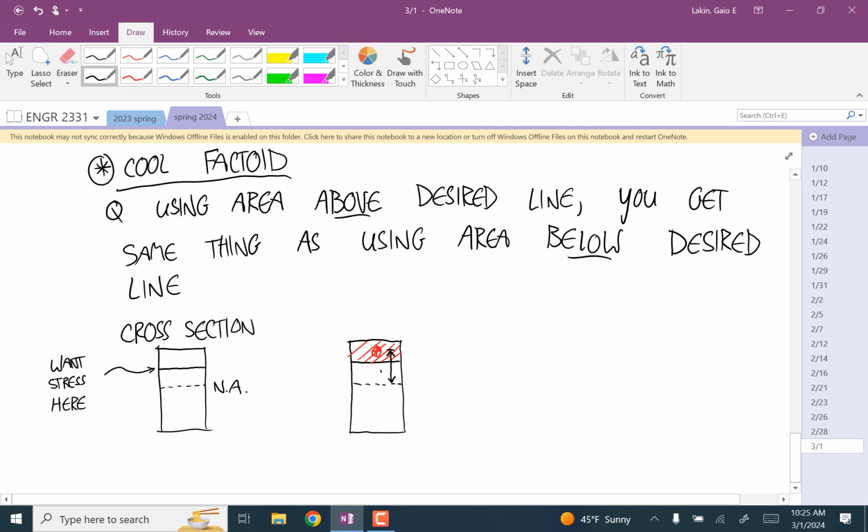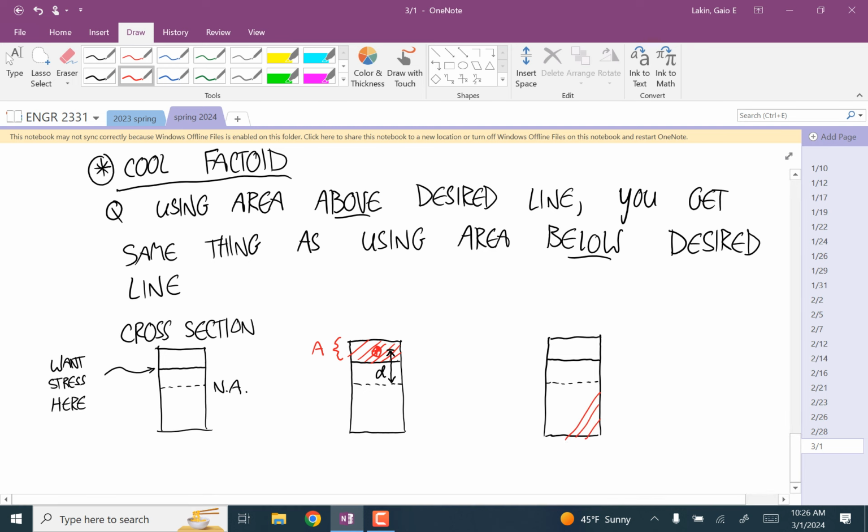And this is your D. And this is your A. Or, there's your neutral axis. Here's your desired line.